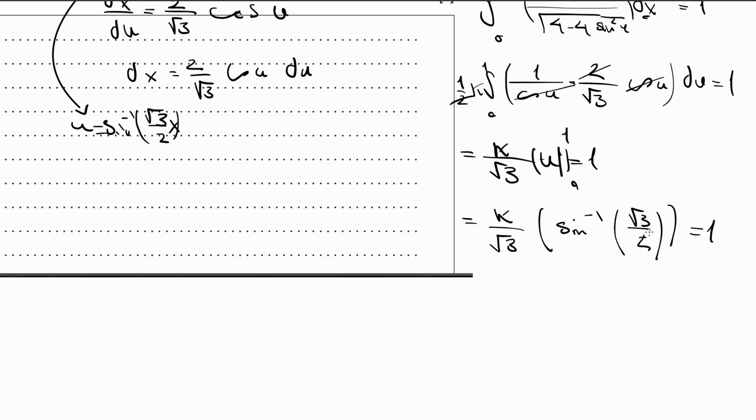What else can it do? Oh, okay, yeah. So you can multiply radical 3 to the right side. So you'll be left with sine inverse of radical 3 over 2 equal to radical 3.